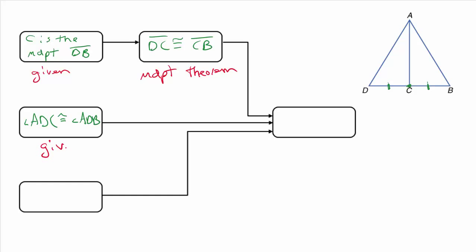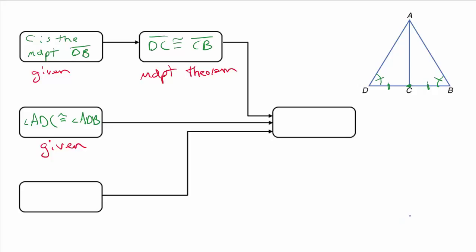And that was also a given. And I'm going to mark that also on our figure here. ADC, which is this one here. Now we need to find our third one, because now if you look, we have a pair of sides. I'm just going to mark that here.